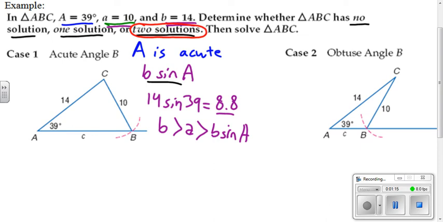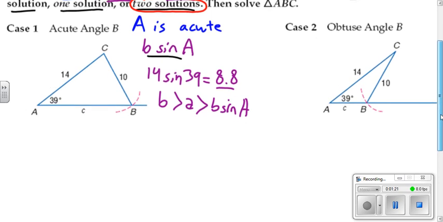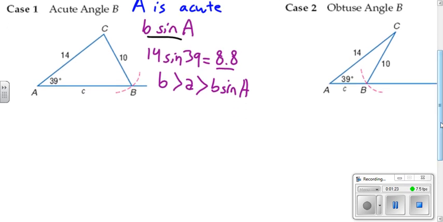If you couldn't tell by the pictures, there are two possible ways for this triangle to play out. We're going to look at both of them here. So if we look at our first case, in which scenario we have angle B being acute, we would have to solve for it the normal way.